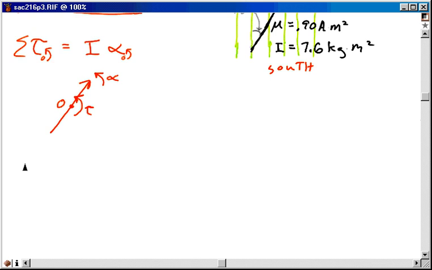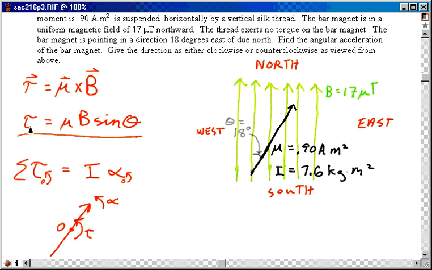So the net torque counterclockwise about point O, there is only the one torque, due to the magnetic field. I'll just call it tau, and that's going to be equal to I times alpha. The torque we found is mu B sine of theta.